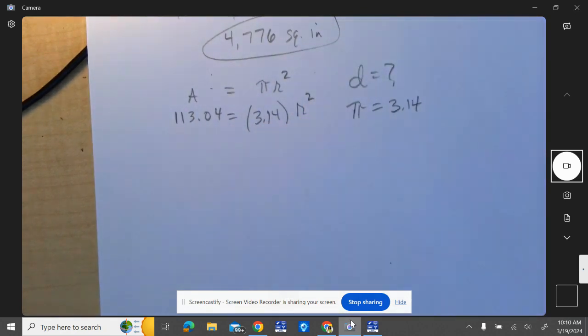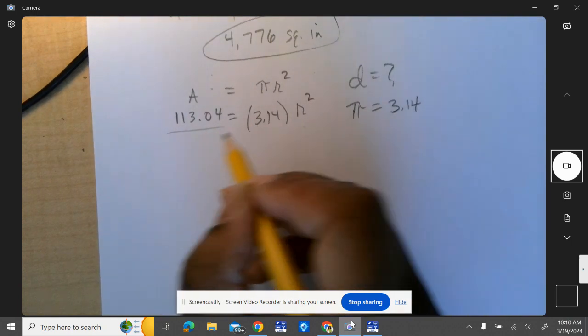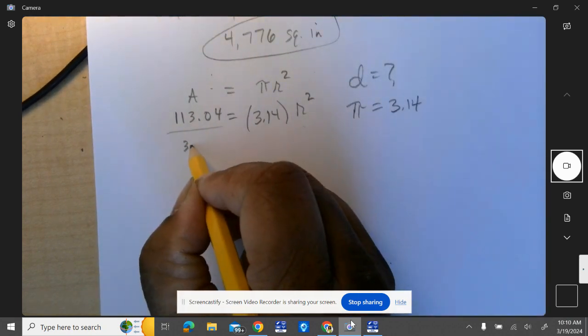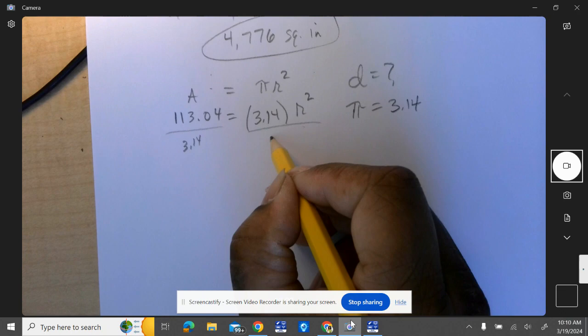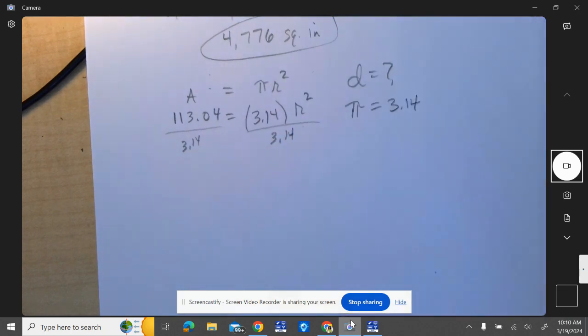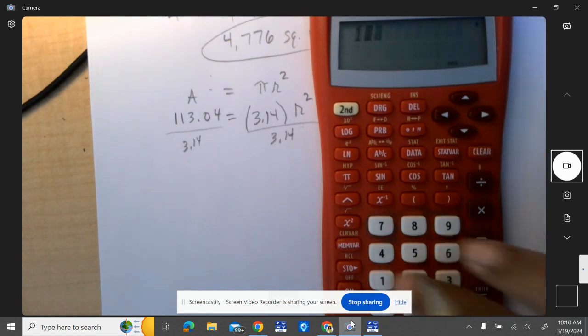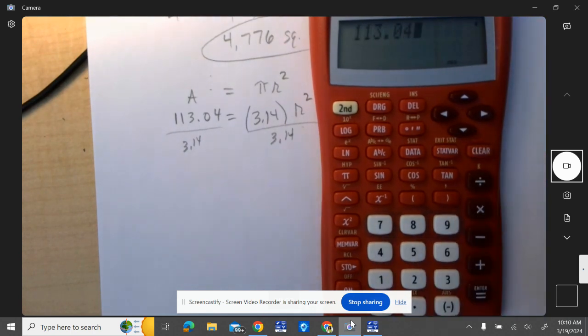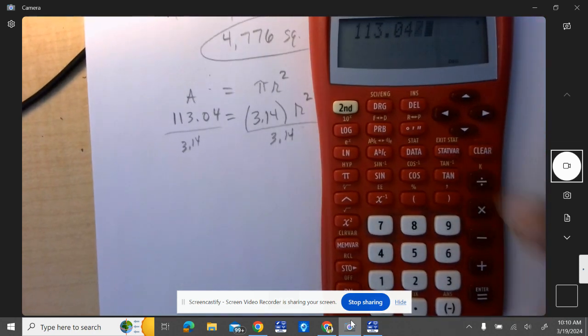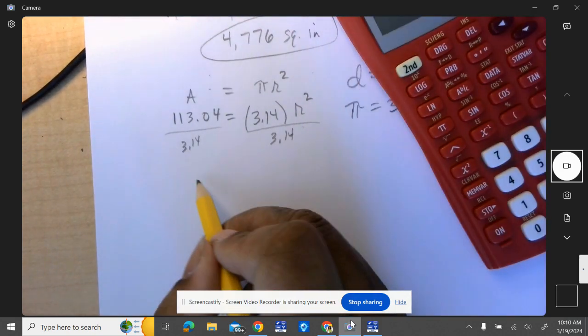Just like anything, if I want to get rid of that coefficient, I need to divide. And I'll have 113.04 divided by 3.14, which is 36.